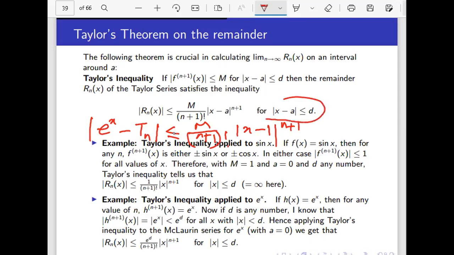Let's figure out this one. For x minus 1 less than or equal to d, we have to consider d.